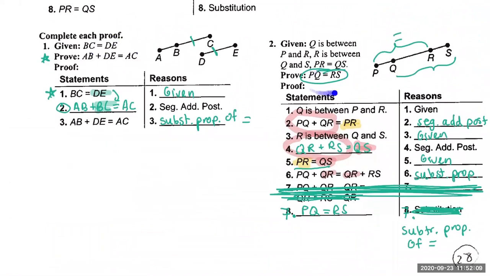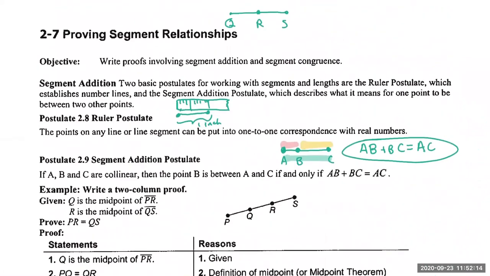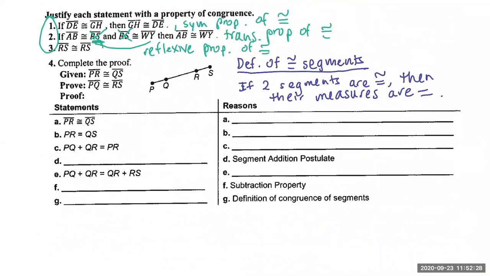They mentioned equality. And when I look at my segment addition postulate, it also uses equality. So if I'm going to use my segment addition postulate, I'm going to have to somehow convert congruence to equality in order to use this. It's a simple conversion, and it has to do with this right here.